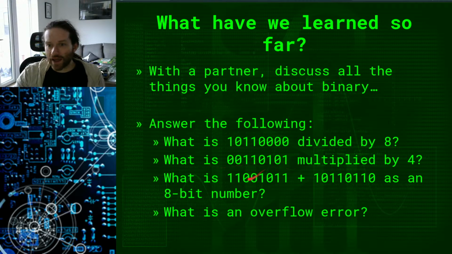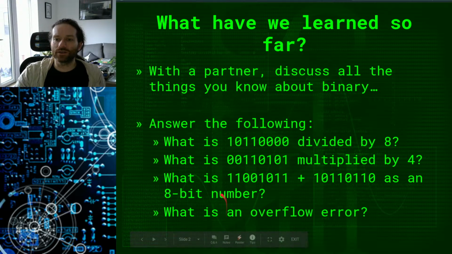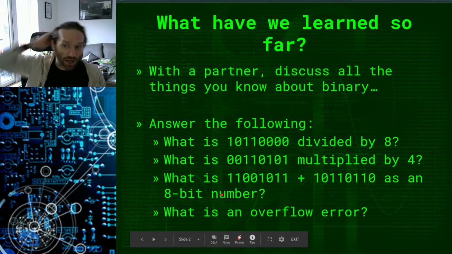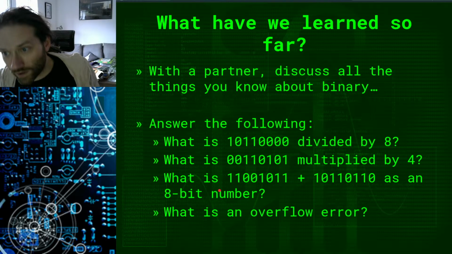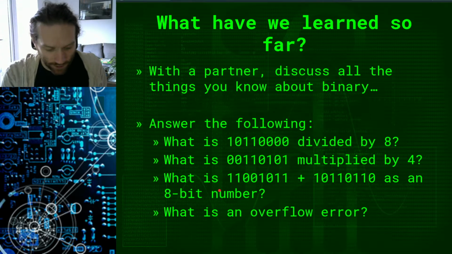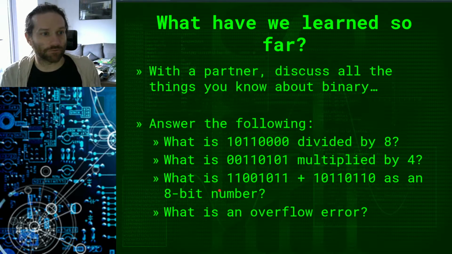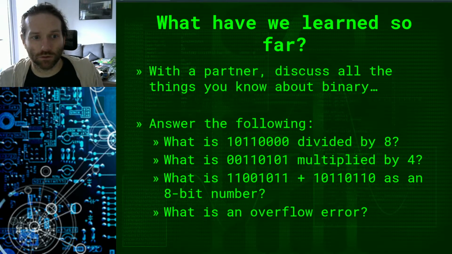Do you want to do that addition there? 11001011 plus 10110110. If I just fire up GIMP again, you know you love this amazing makeshift whiteboard of mine. File and new.